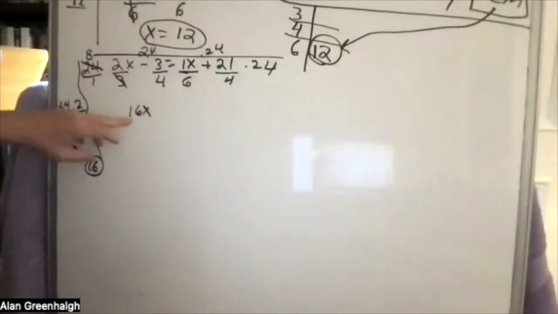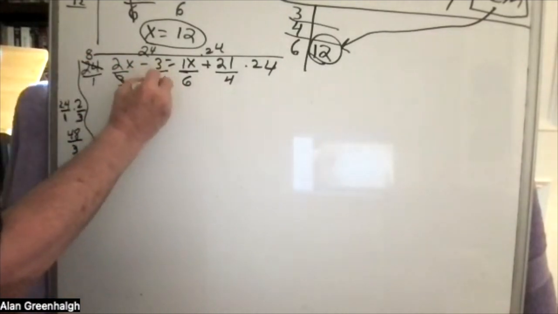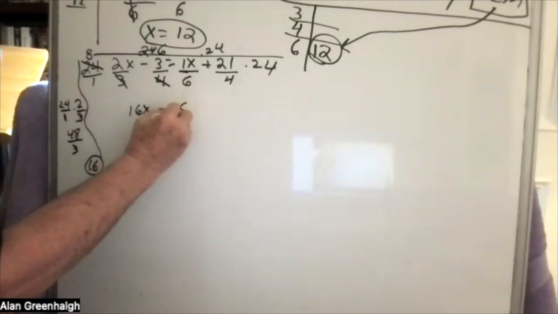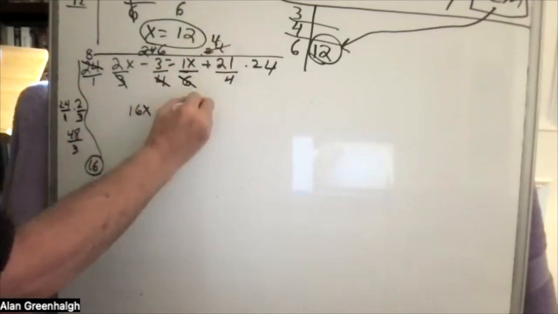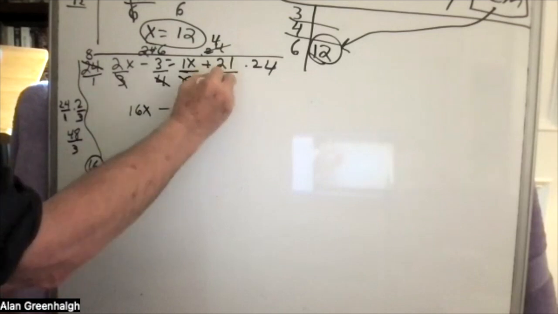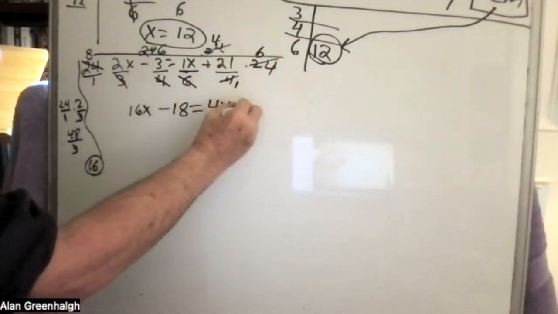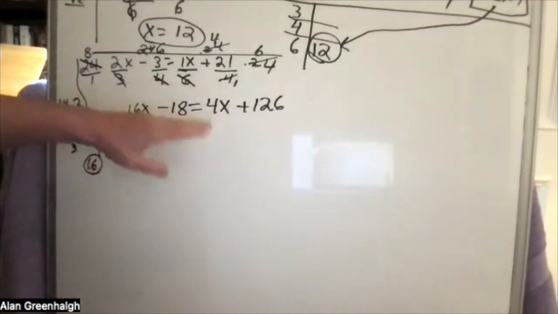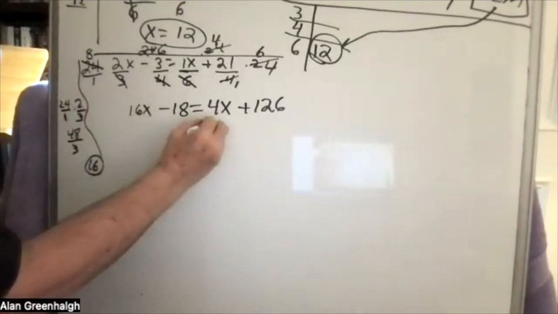So here, for example, 4 into 24 is 6, and 6 times 3 is 18, and 6 into 24 is 4. You're going to get 4x, and 4 into 24 is 6, and you're going to get 126. I'd rather work with smaller numbers, but you can do it this way, and it'll come out to the right answer.